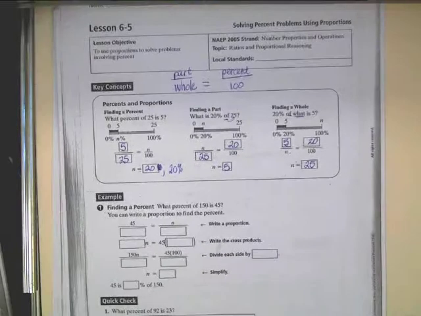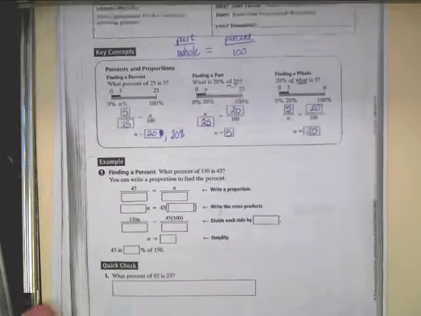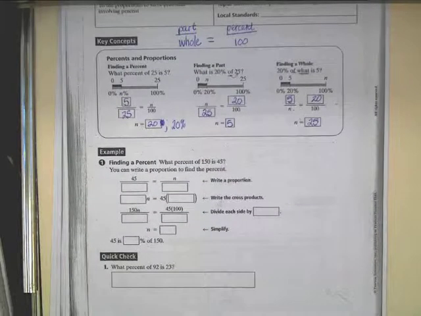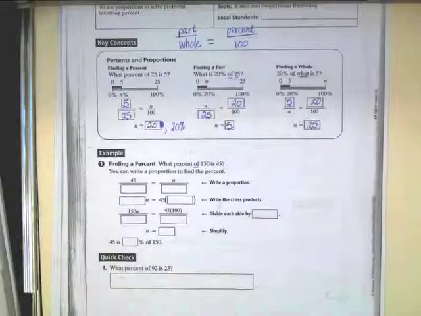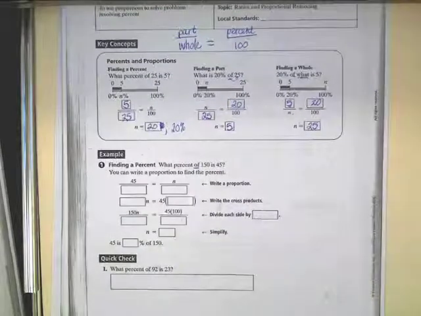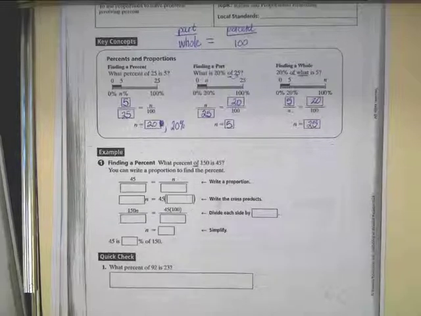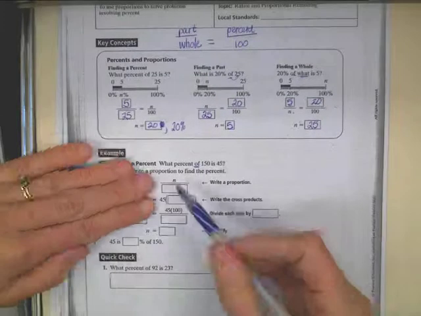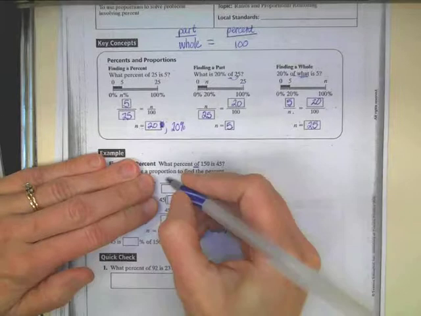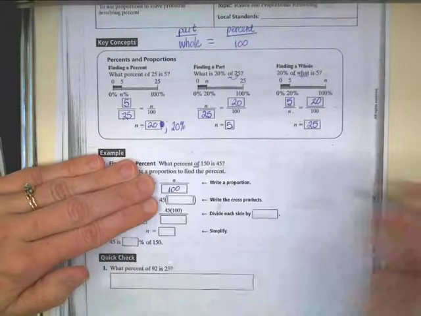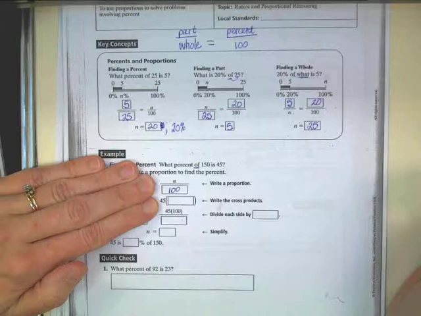First of all, finding a percent. Let's look at some examples. What percent of 150 is 45? Of is a crucial word. First of all, I know that my percent is missing. Percent is always out of 100, so that gives me n over 100.